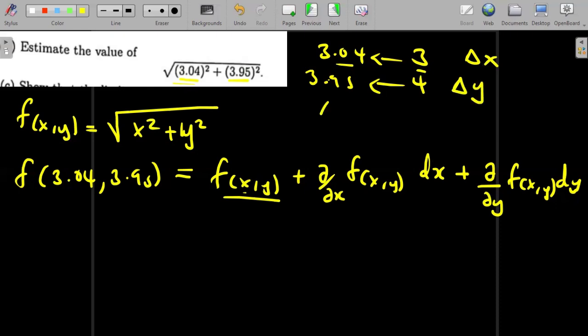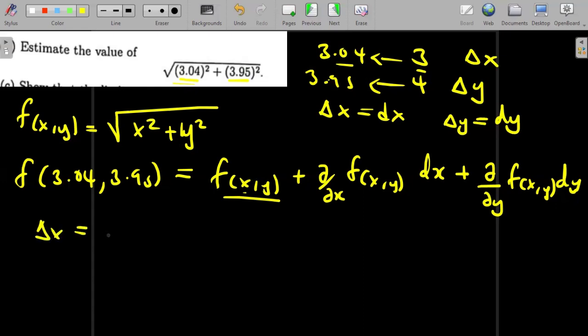Your change in x is just equal to dx, and your change in y is just equal to dy. So let us first find the change in x and the change in y.